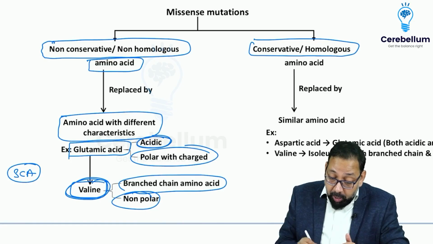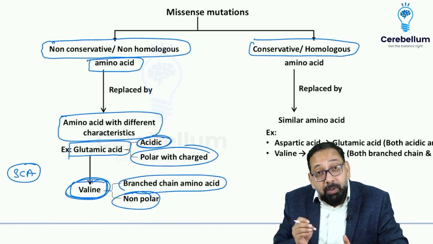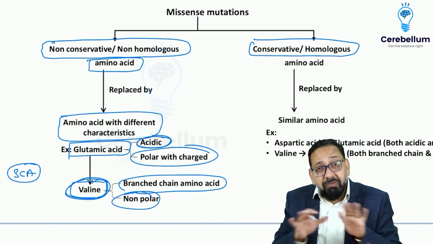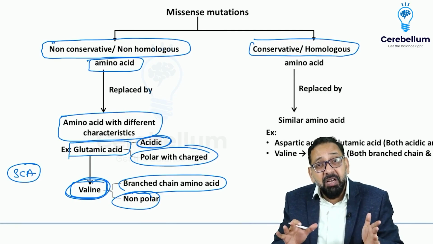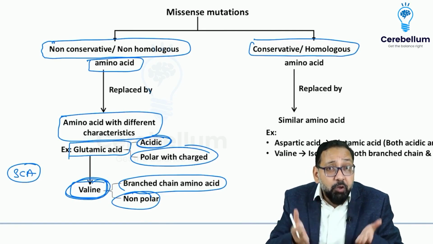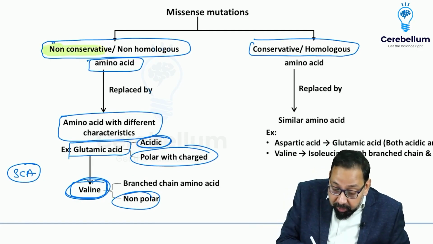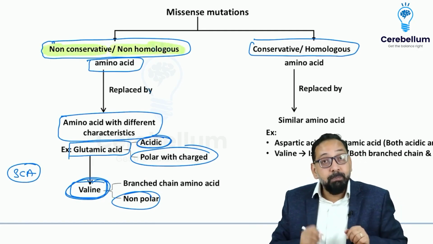So if amino acids are changed in such a way that their properties do not match, with different characteristics, definitely there will be an effect on the function of the protein, just like in sickle cell anemia. And this is called non-conservative or non-homologous mutation.